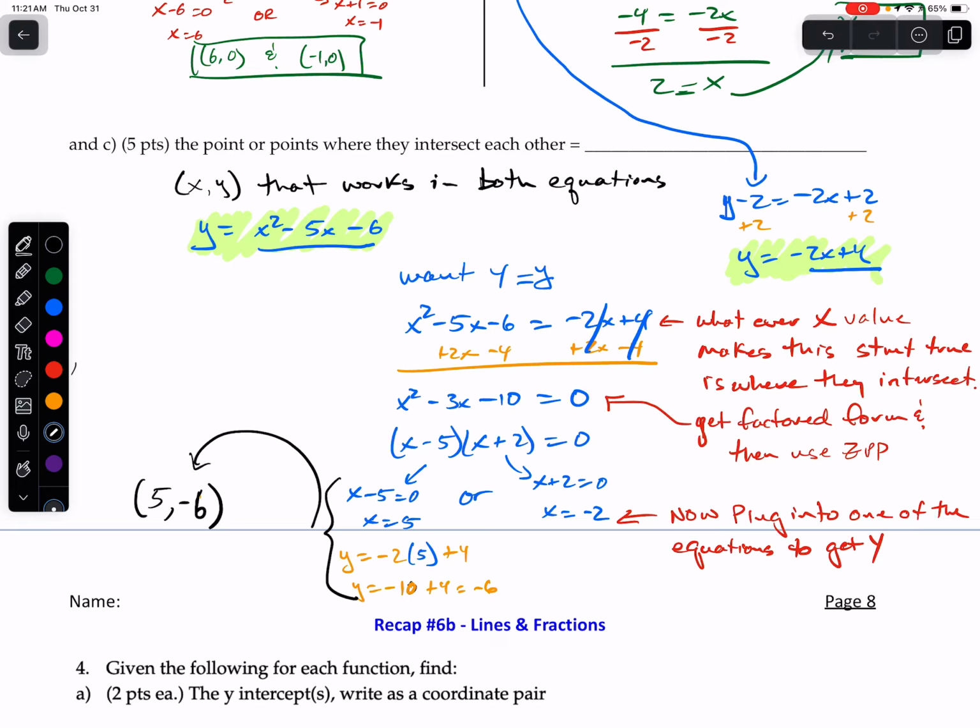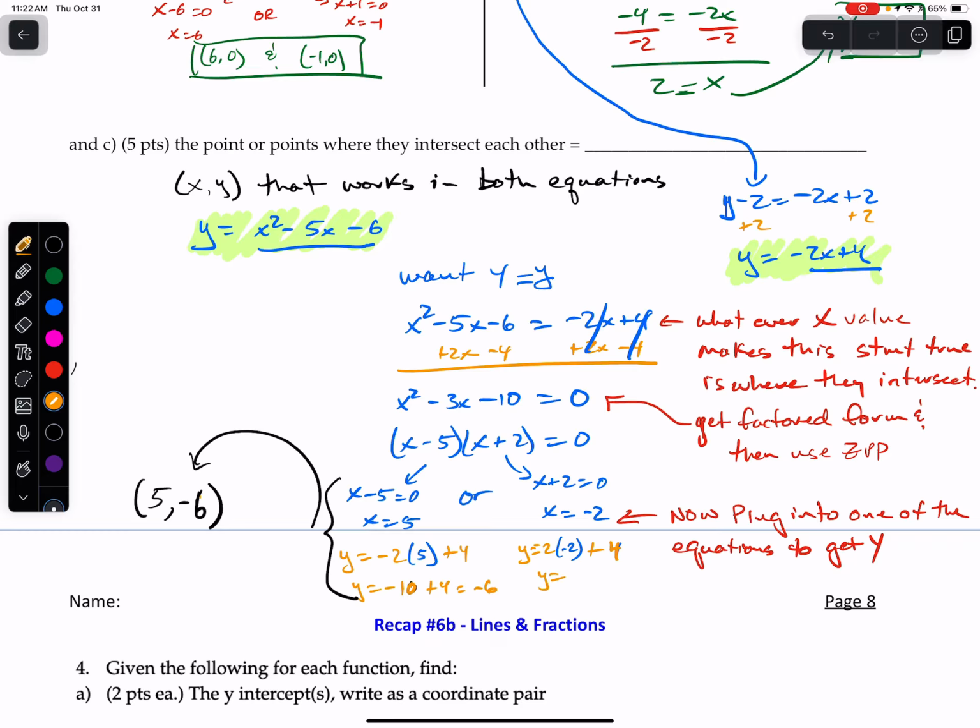And my other point comes from plugging in here: y equals 2 times negative 2 plus... negative 2 times negative 2 plus 4.